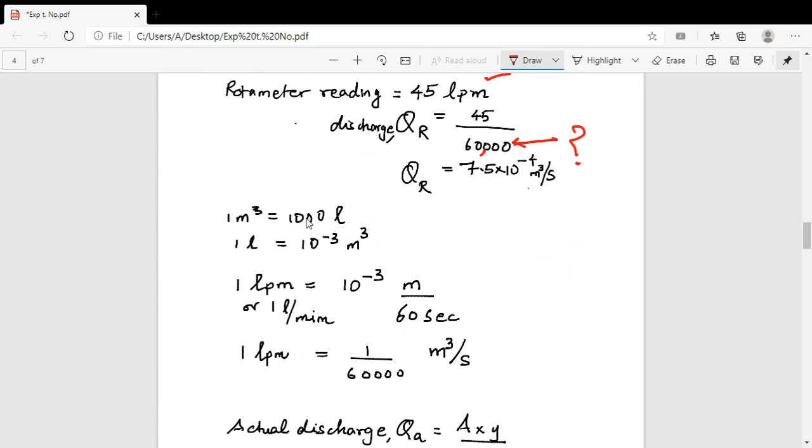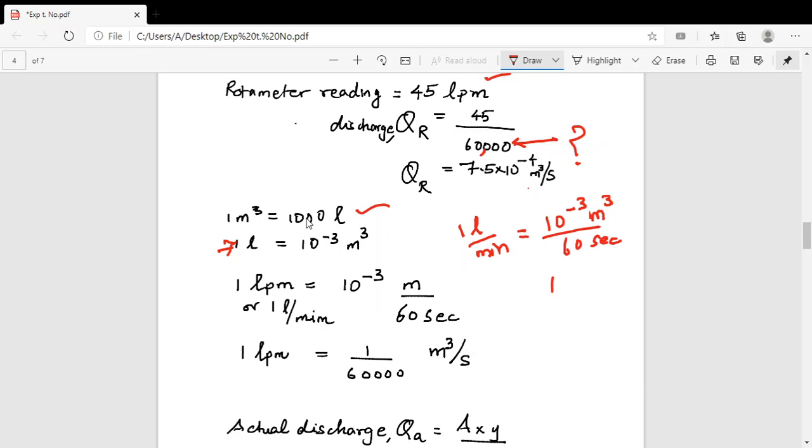You can see here. 1 meter cube is equal to 1000 liter. So 1 liter is equal to 10 power minus 3 meter cube. So 1 liter per minute can be written as 10 power minus 3 meter cube divided by minute. 1 minute is equal to 60 second.